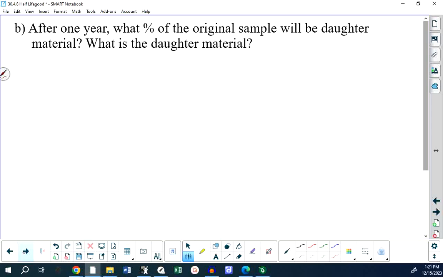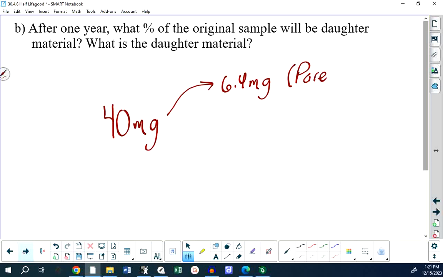Well, this is a little iffy. It's not perfect. But what we're saying is that the amount of parent material, the amount of polonium-210 that's still left is 6.4 milligrams. That must mean that the rest of it is the daughter material, which is 33.6 milligrams.